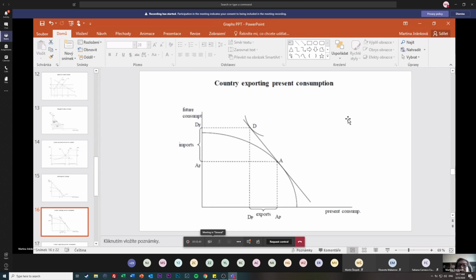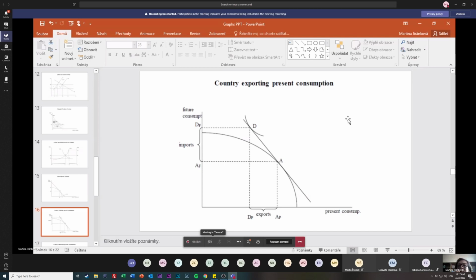Yes, again. I would like you to understand the parallel with the standard trade model. At this point A, we were talking about it. This is the point of production. The country produces some quantity of cloth and wheat.